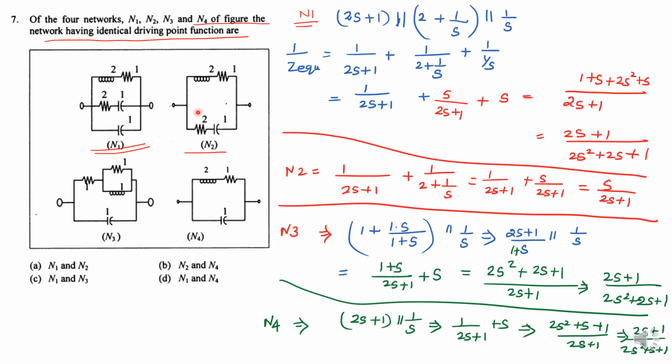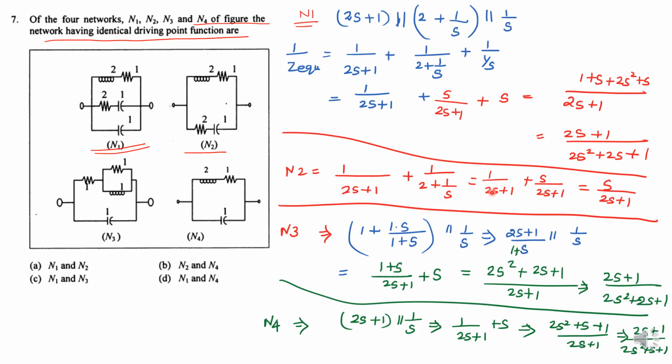And next take N2. In N2, two are connected in series, and these two are connected in parallel. So 1 plus 2s, and here 2 plus 1 by s. Both are connected in parallel combination. So 1 by Z equivalent is 1 by 2s plus 1, plus 1 by 2 plus 1 by s.